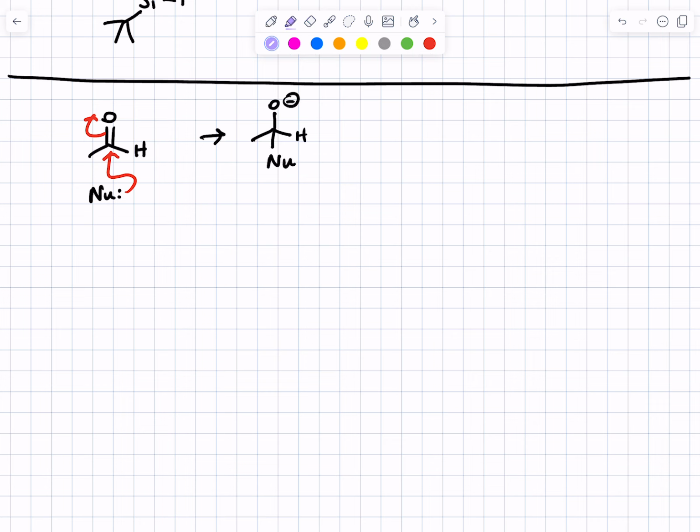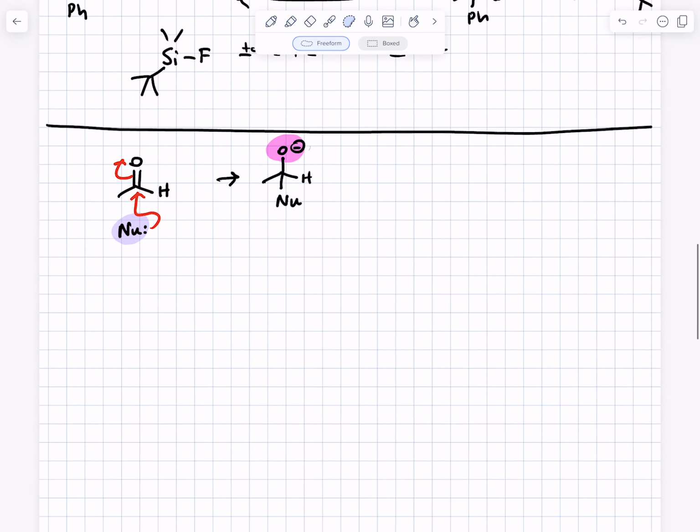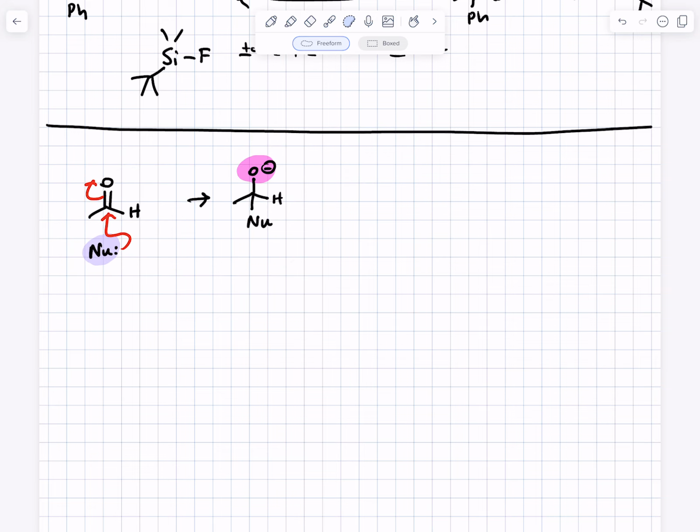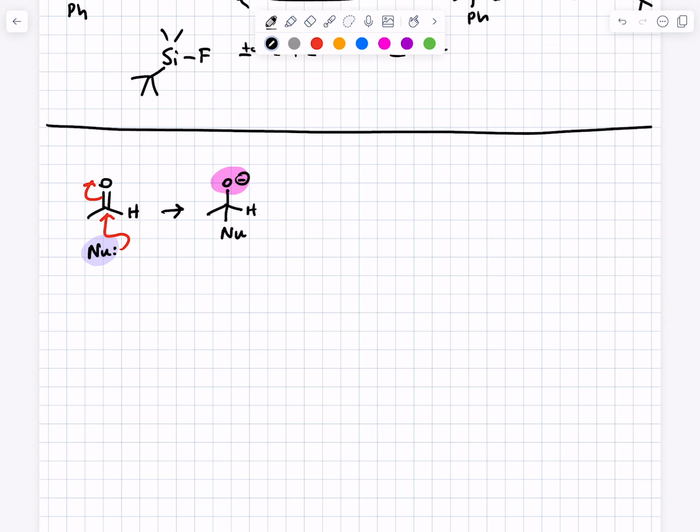To ask that question, we will essentially be comparing the nucleophilicity of the nucleophile versus a negatively charged oxygen. And it's possible that sometimes we'll see that we have a nucleophile that isn't strong enough to attack directly. And in those cases, we might potentially have the need for acid catalysis.